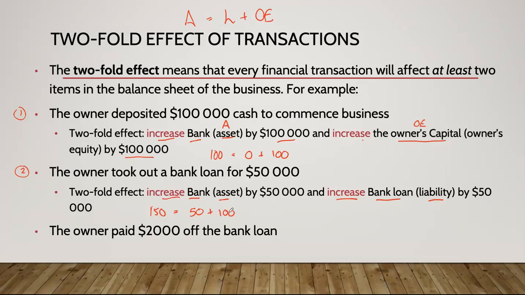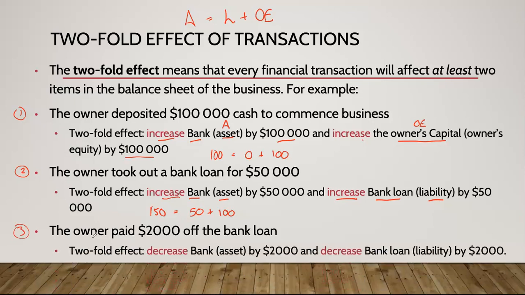And this is what we need to be thinking. Have I analyzed this transaction with a twofold effect? So I have changed at least two items in my business to result in my accounting equation balancing. If the owner paid off $2,000 of that loan, that would mean my bank account goes down this time by $2,000 and my loan decreases by $2,000.